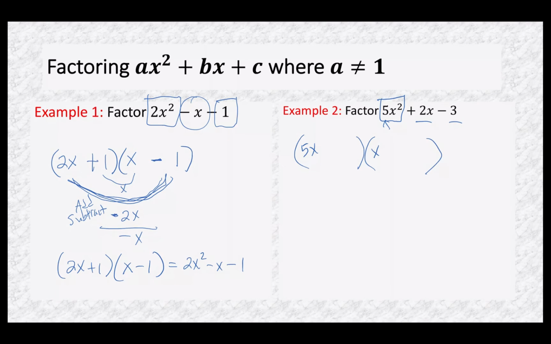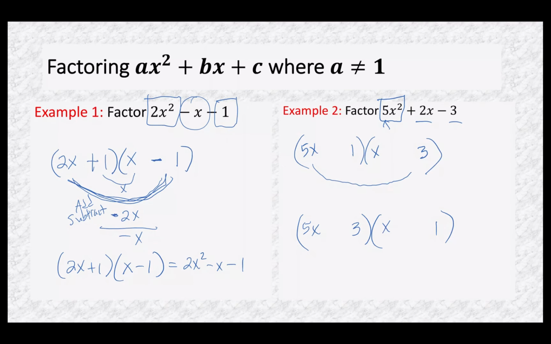Now here's the trick. I can place the 3 and the 1 like so, or I can place another set of binomials with the same 5x and x, but place the 3 in the first spot and the 1 in the second spot. This will actually create a different product. So let's check out the smiley faces.